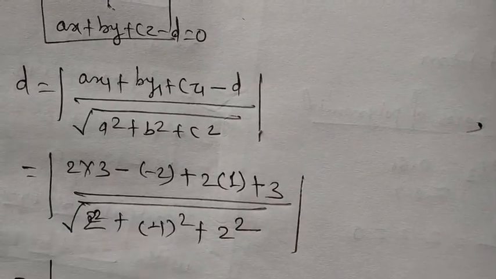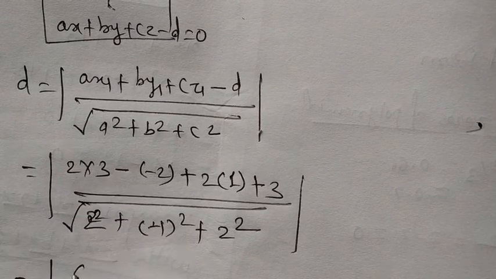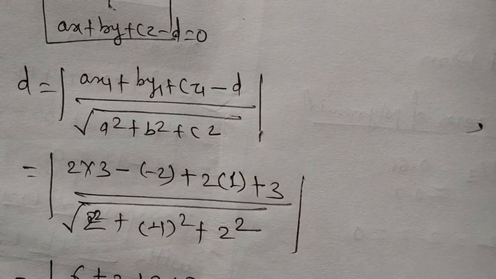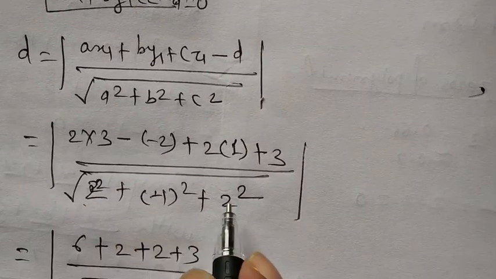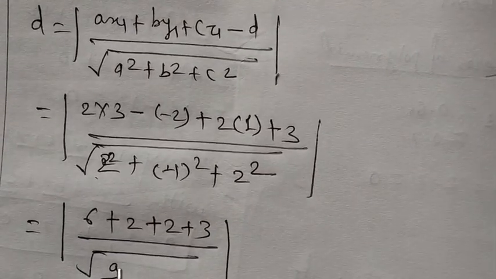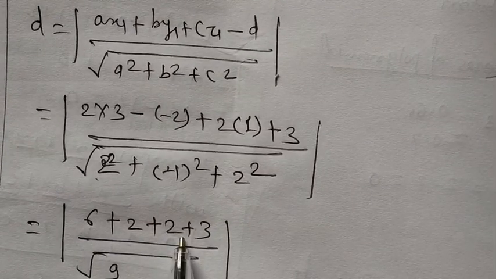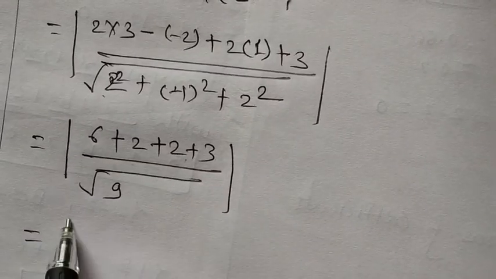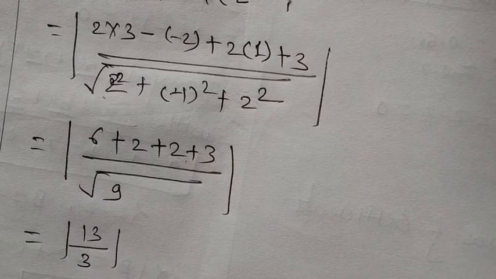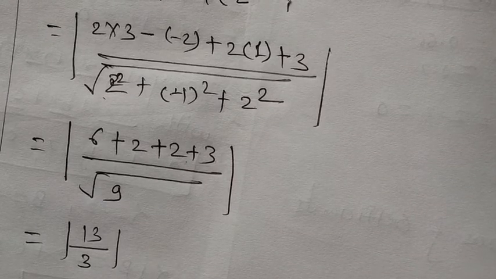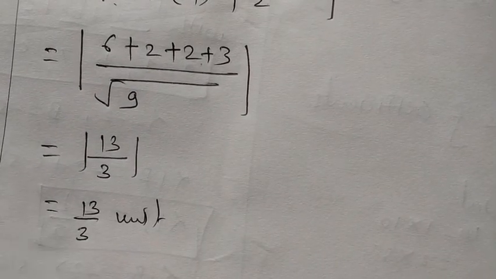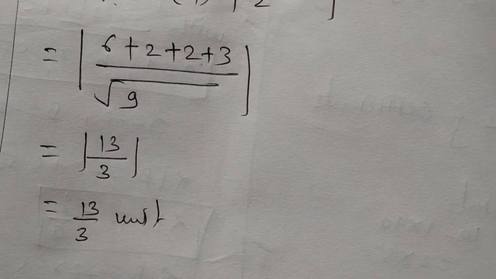When we solve, that equals 6 plus 2 plus 2 plus 3 upon the square root of 4 plus 1 plus 4, that is 9. Then 6 plus 4 is 10, plus 3 is 13, so the answer is 13 by 3 unit. Sorry, this is not the equation of the plane, this is the distance from the plane to the point.